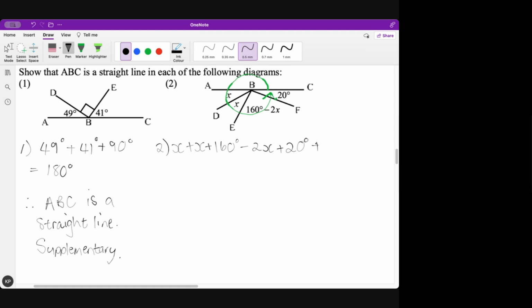There's one more thing missing. Plus what? What's missing, guys? There we go. And where do we get that 180 from? Seth, where do we get that 180 from?